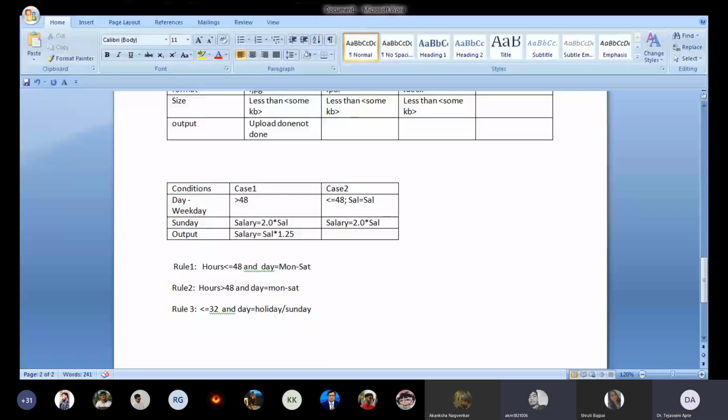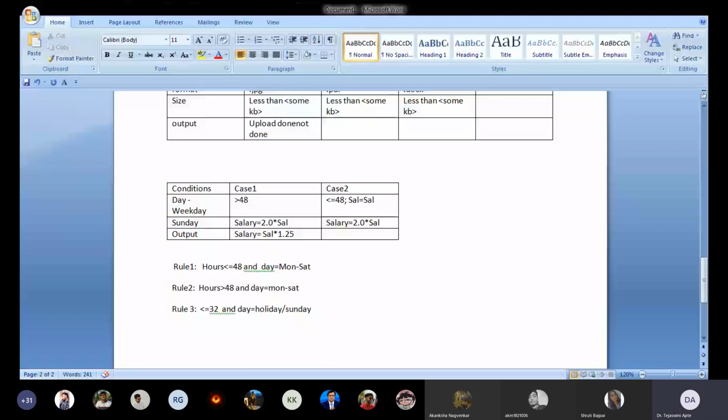You have the condition: in the if condition, less than or equal to 48 will come; in the if condition, greater than 48 will come; and in the upper if condition, whether it is a holiday or Sunday will come. Are you getting me?